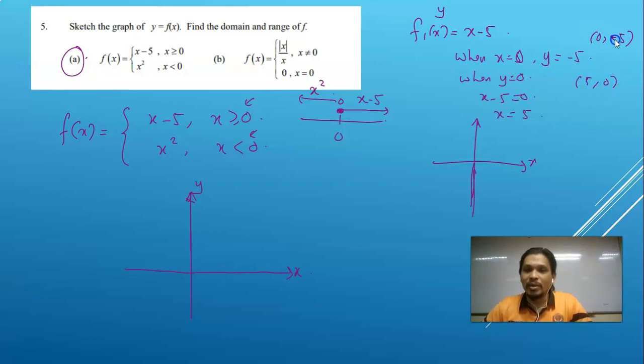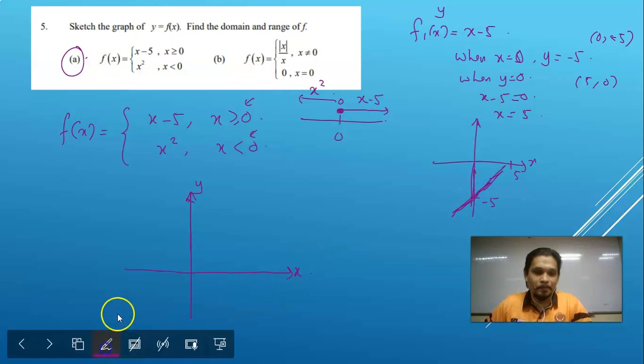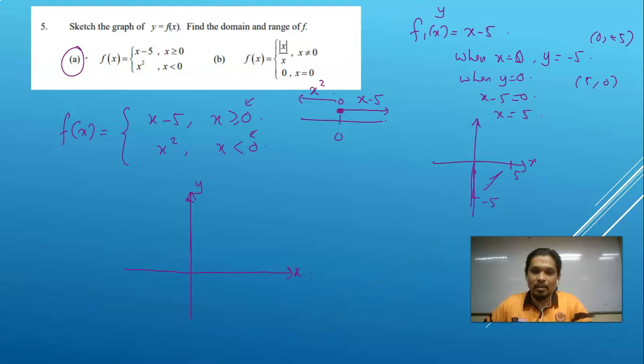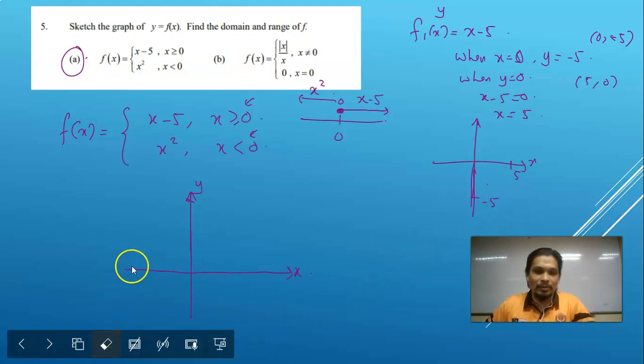Where's the coordinate of 0 and negative 5? Yes, down here. Negative 5, and 5, 0 here. So then, make a straight line here. Oh, sorry. It seems that I need to use a ruler to make it nice.